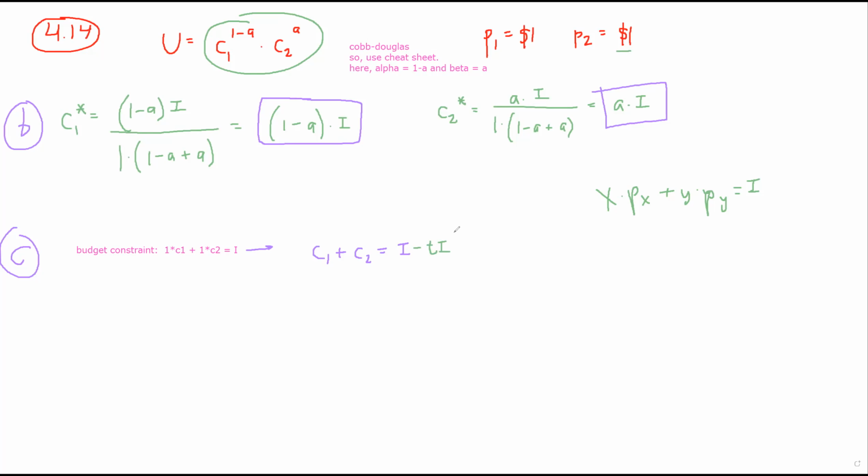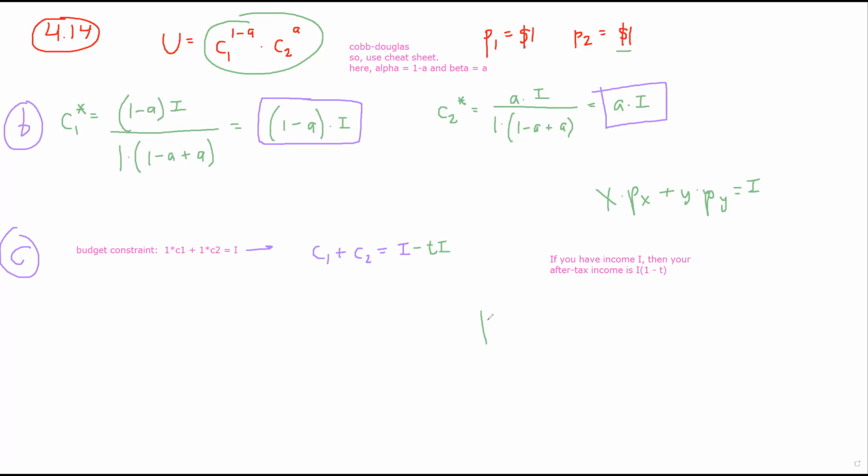So does this make sense? I'm saying that if you have income I, then your true income, in air quotes, let's call it after tax, your after-tax income is I times 1 minus T. Let's see if that makes sense.